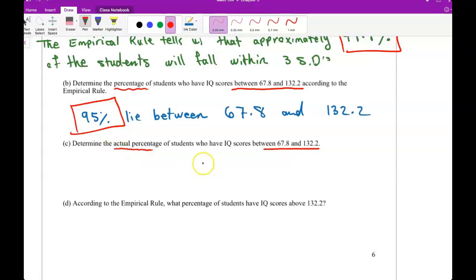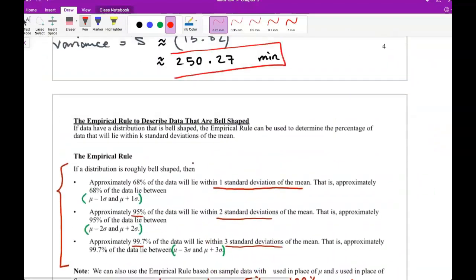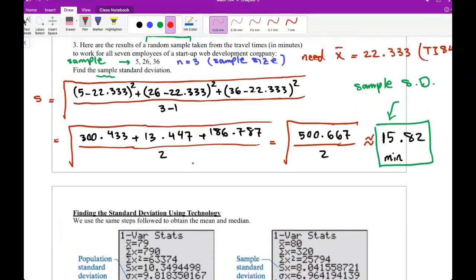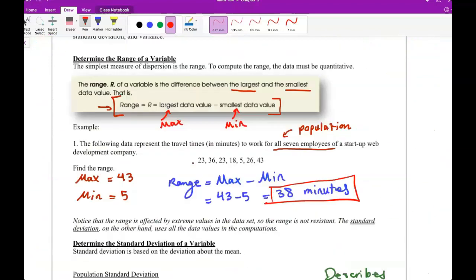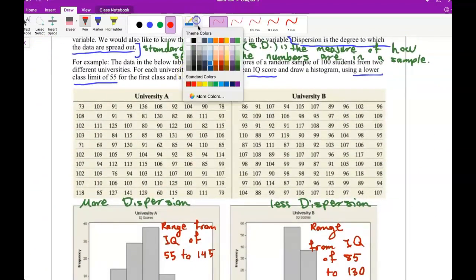We should use our data from the first page for University A. Okay, so this is what we have.